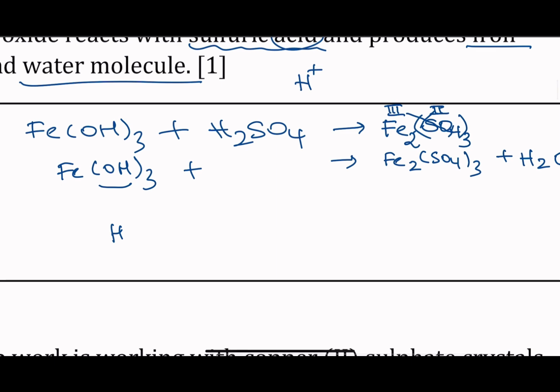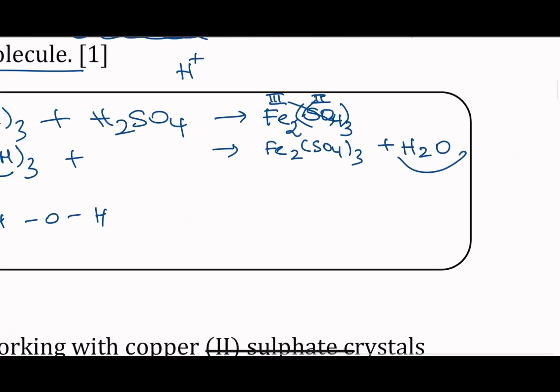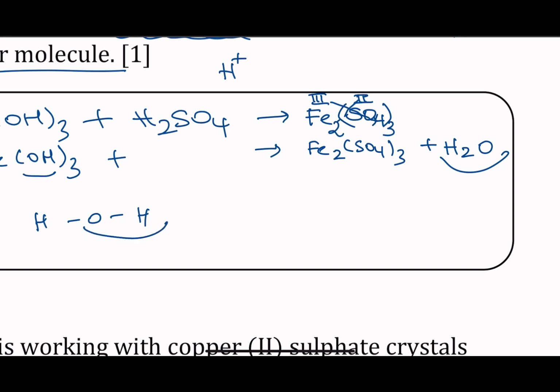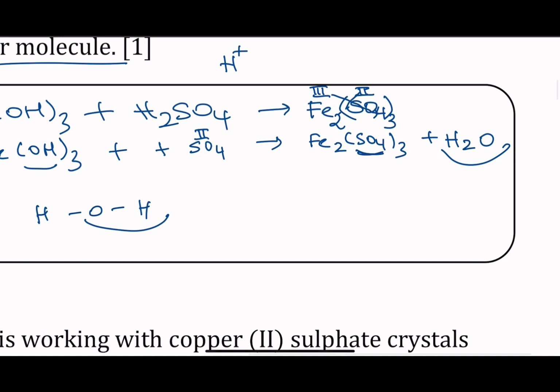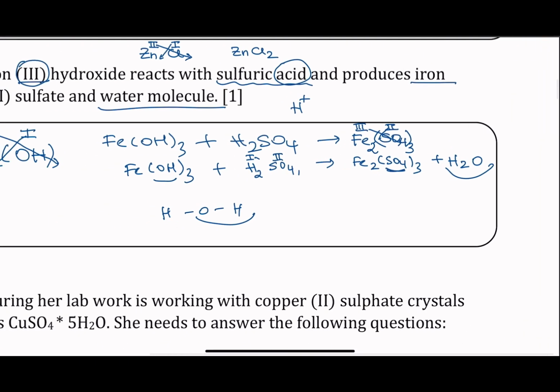The H and OH combine together, and they make the water, with the OH of hydroxide. And then this SO4 needs to come with hydrogen. We know that SO4 has a valency of 2, and hydrogen got the valency of 1, so 2 comes here, and then 1 goes here. It's just written as like that.